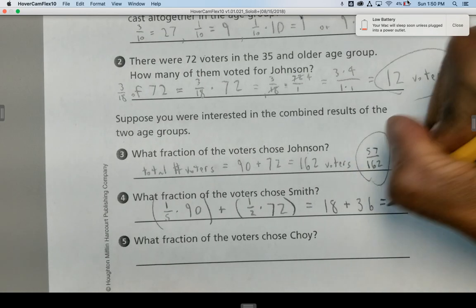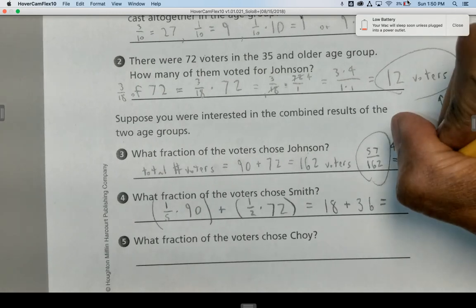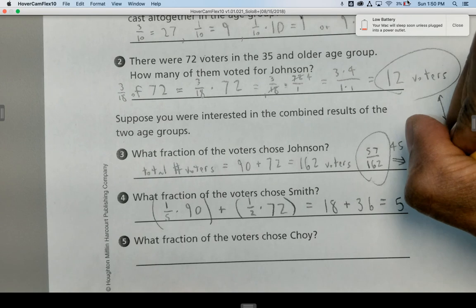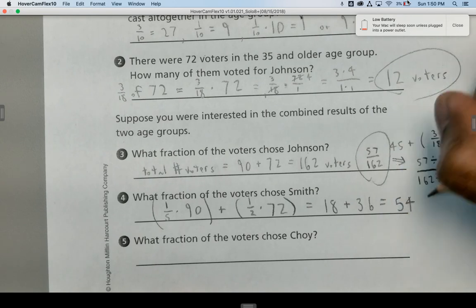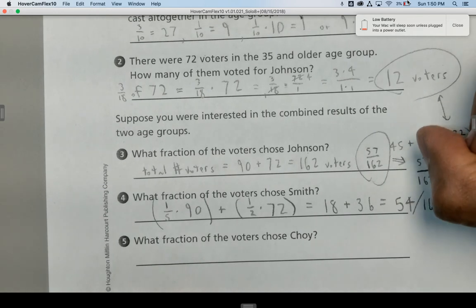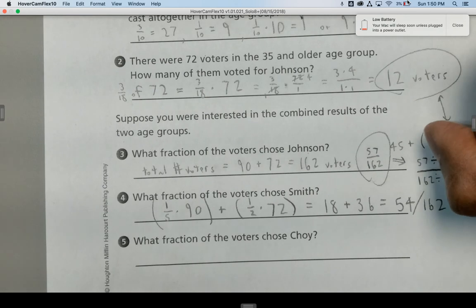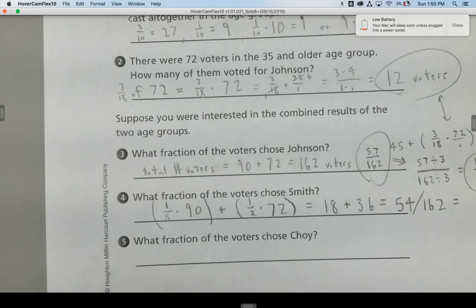So Smith got 54 votes, 54 out of the 162 altogether. Which means, let's see here. We've got to simplify this.